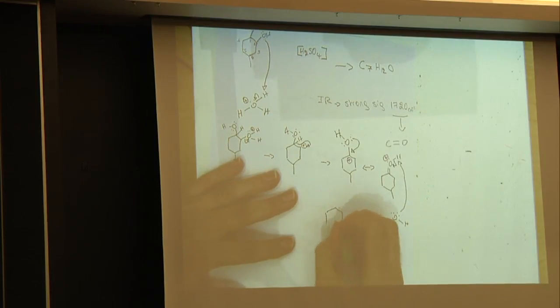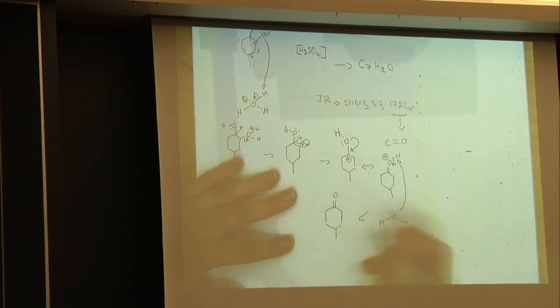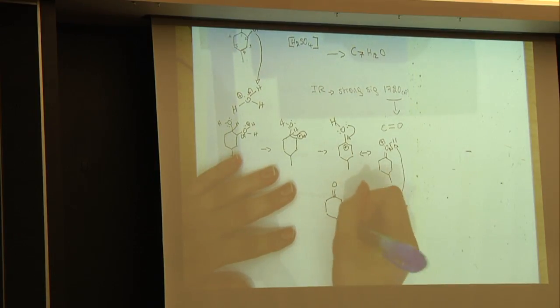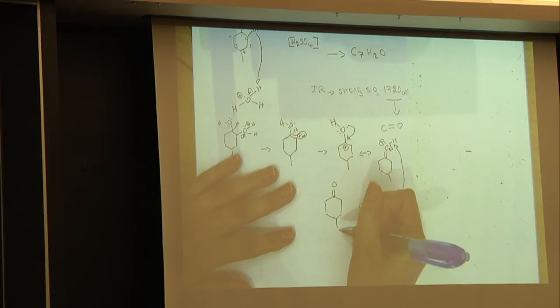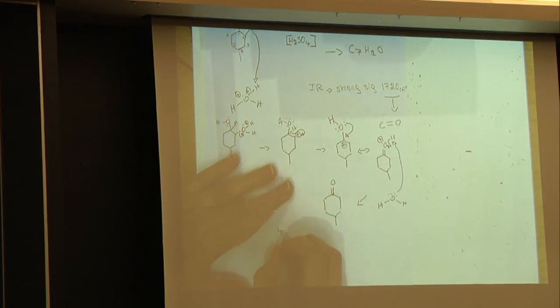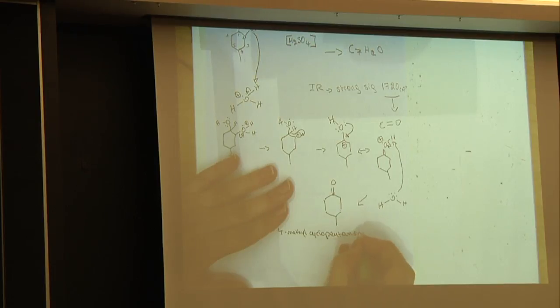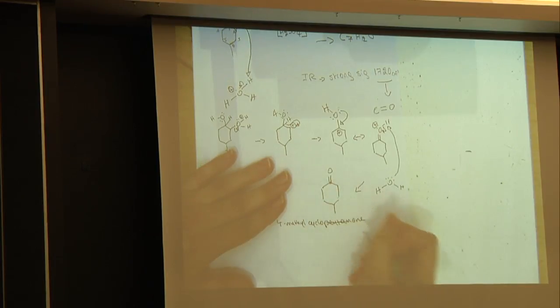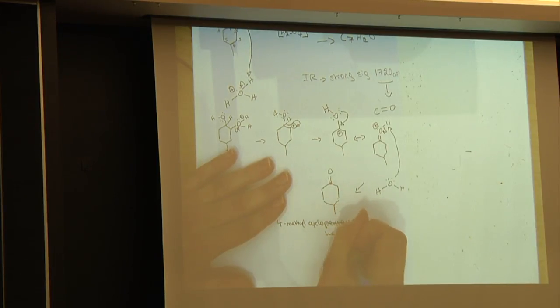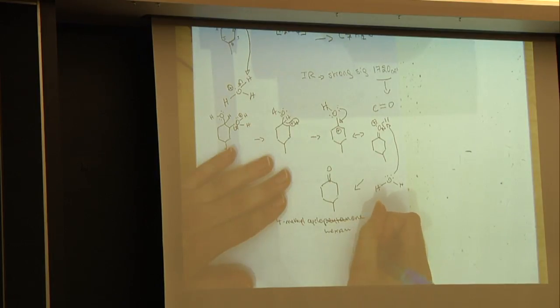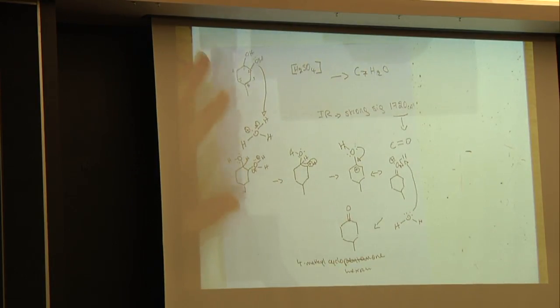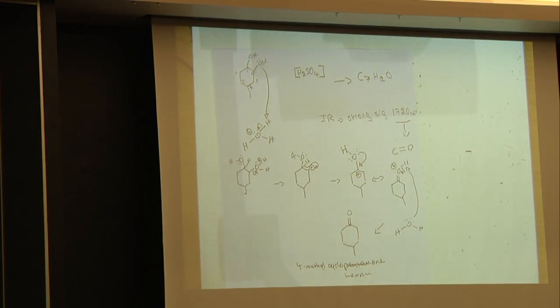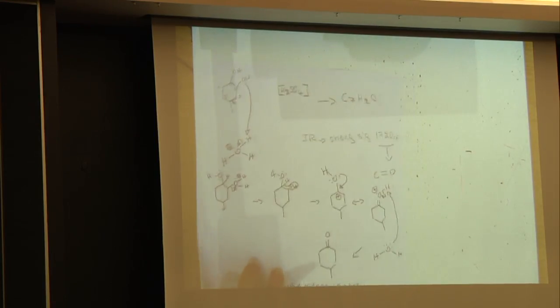And this is the resulting compound, which is 4-methylcyclopentanone, right? Oh yes, cyclohexanone. You guys got the idea, because it's a hexane ring. Yes, thank you. All right, so that's that.